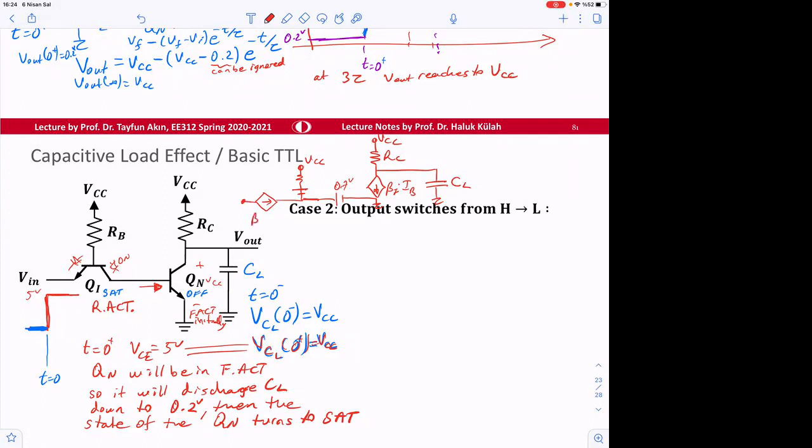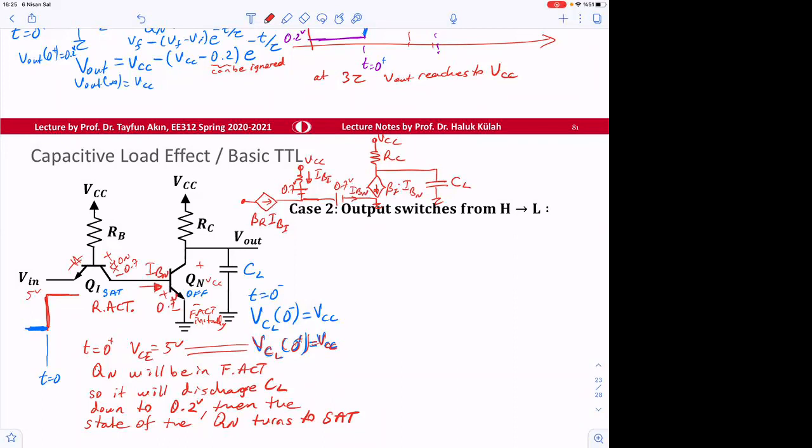And this is going to be beta R times I base of I. And I base of I is this one. And that's going to be VCC. And this will be also 0.7 volts. So this will be 0.7 volts here. And this will be 0.7 volts. So this I base of N is going to be this current, I base of N.